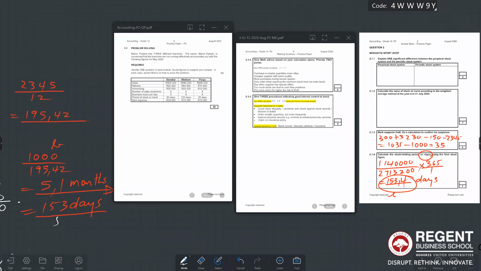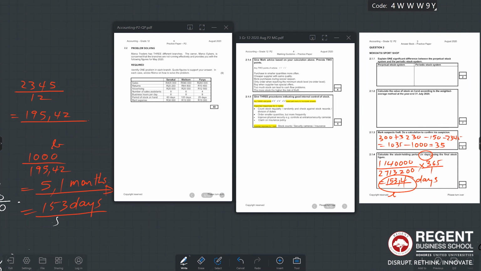Right? Under problem-solving, Marco Traders has 3 different branches. The owner, Marco Ivers, is concerned that the branches are not running effectively and provides you with the following figures for May. Okay. Now, firstly, you've got Senegal, Welcome, and Perez. You've got 3 branches.